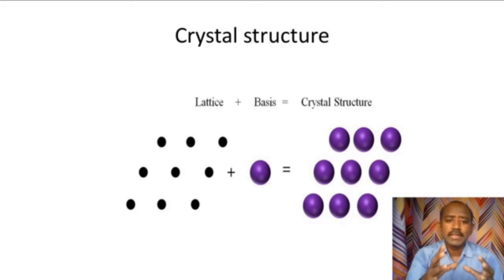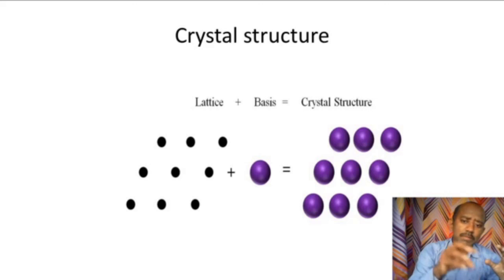In this case, the lattice point may be associated with one atom. In the diagram we are observing, the purple color is the atom and the black color is the position. Suppose it is sodium, Na; all these are sodium atoms only.